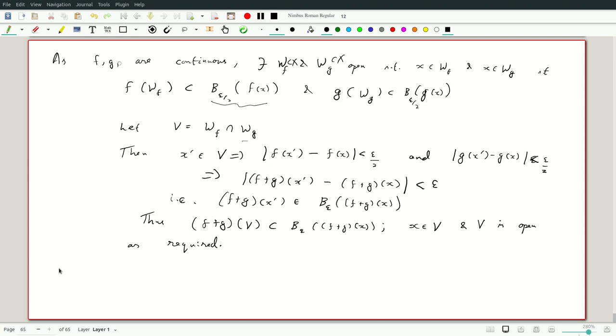How about the product? For the product, we can take an even more refined neighborhood basis.